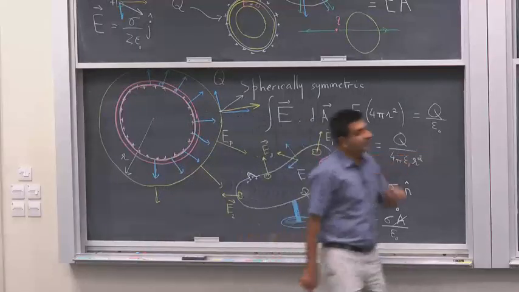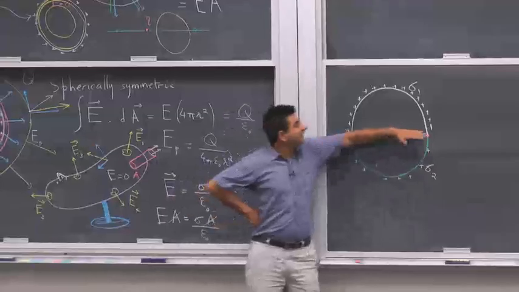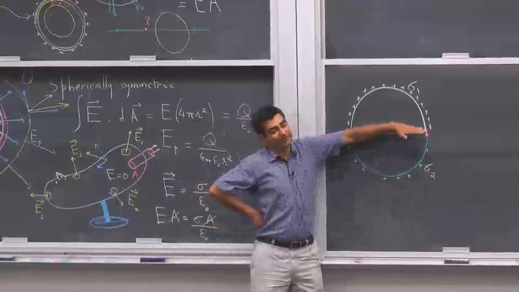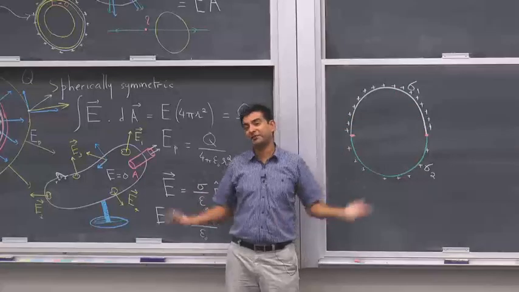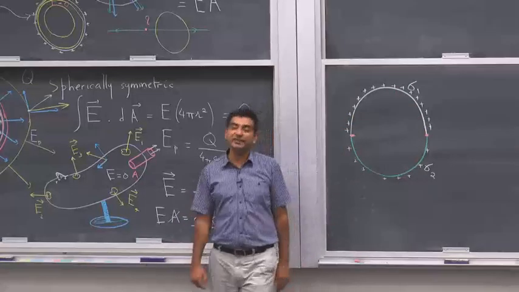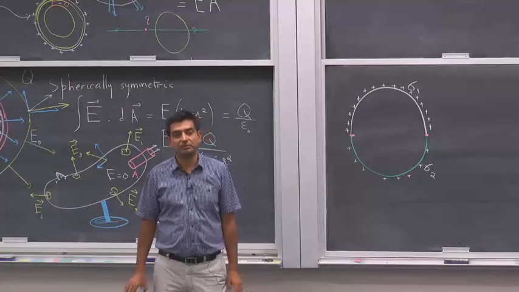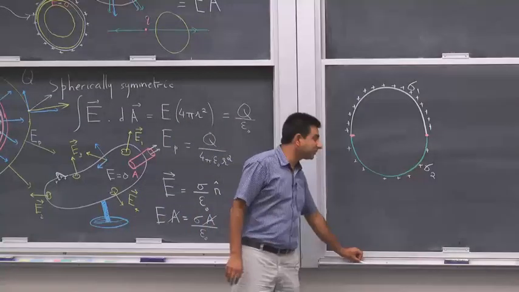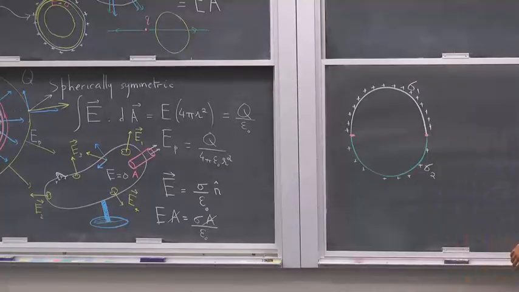Now consider this case in which I have a non-uniform charge distribution. It's spherically symmetric only in the top hemisphere and spherically symmetric in the bottom hemisphere, but overall it's not spherically symmetric. So in this case, can I apply Gauss's law? By the way, I can always apply Gauss's law. Gauss's law does not fail us. It's always applicable.